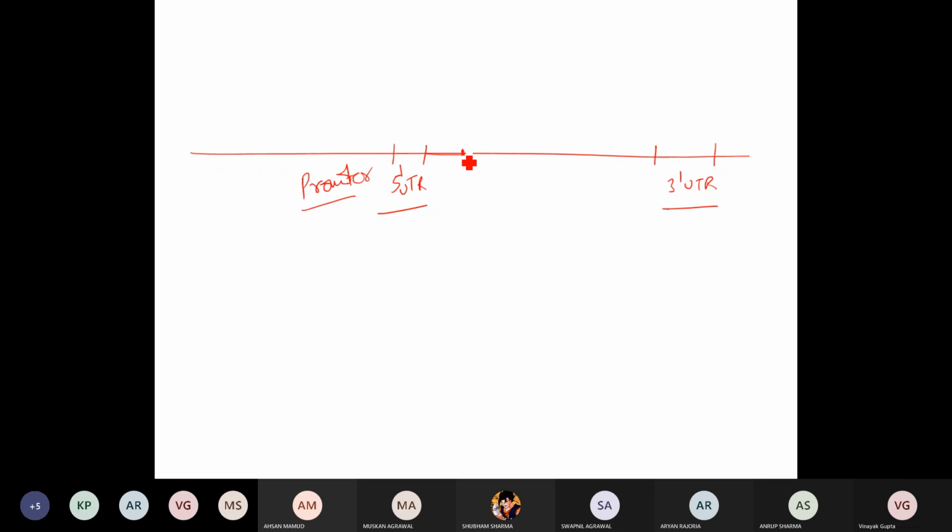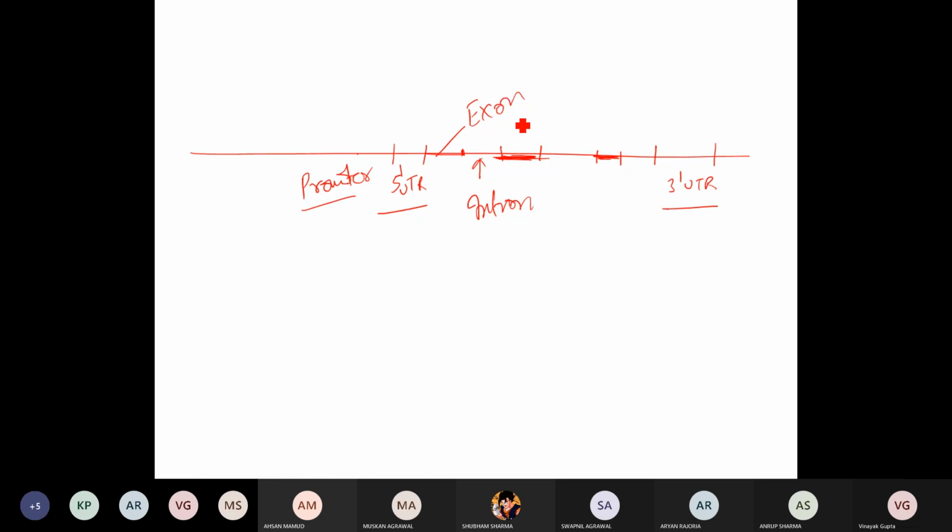So what is happening? It is actually interrupted. Intervening sequences are there. So basically, the structure here is something like this. We have something called exons and introns.